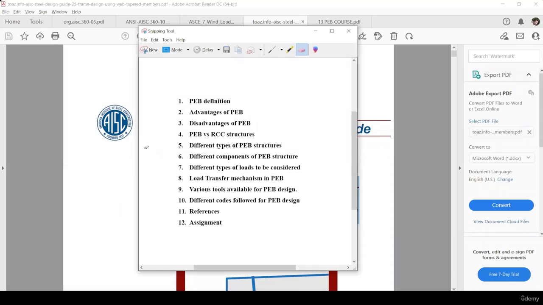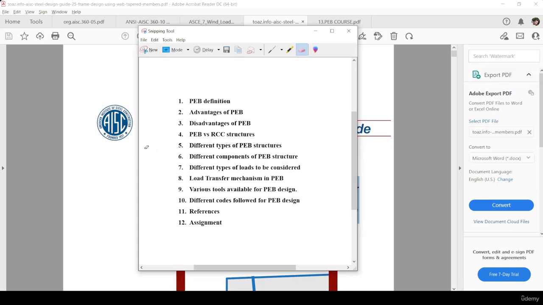And different types of loads to be considered. We have seen dead loads, live loads, wind loads, seismic and self-straining loads like temperature, etc. And how the load will be transferred from top to bottom or laterally we have seen, through which components it will be transferred.